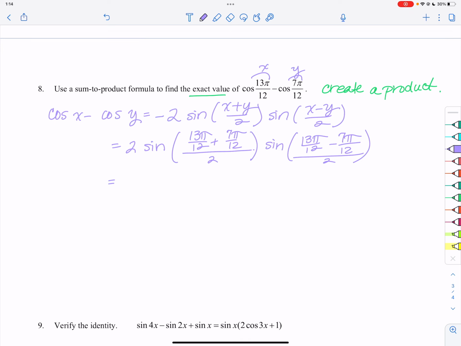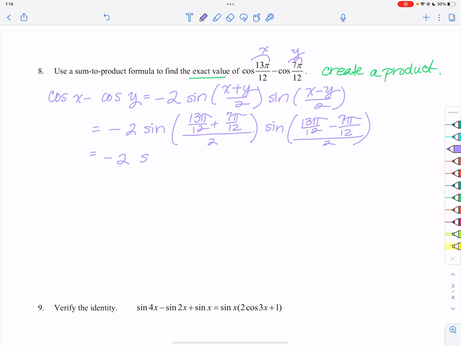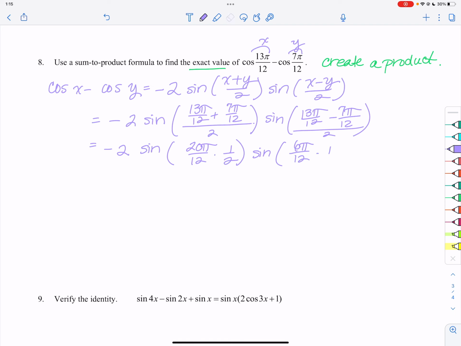Yeah. Okay, so I'll just have to put a negative here. I just noticed that. And then we'll have the sine, and what we'll have is 20 pi over 12 divided by 2. So we can say 20 pi divided by 12 times 1/2, same thing as divided by 2, multiplied by the sine, and now we'll have 6 pi over 12 multiplied by 1/2.